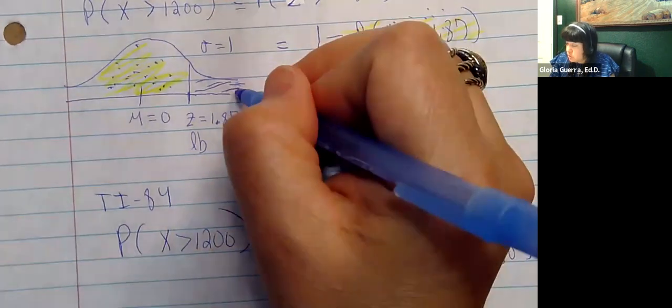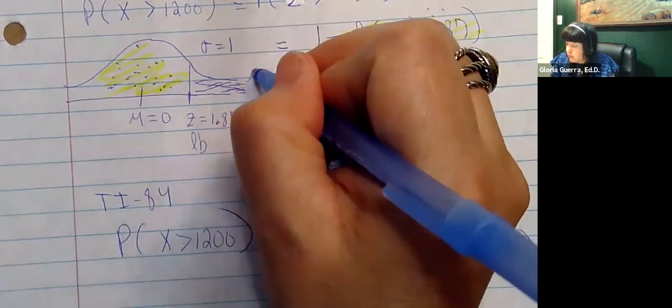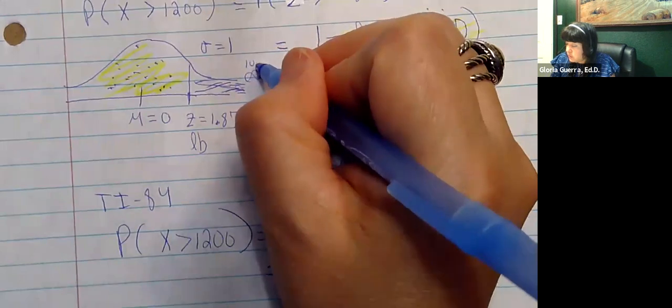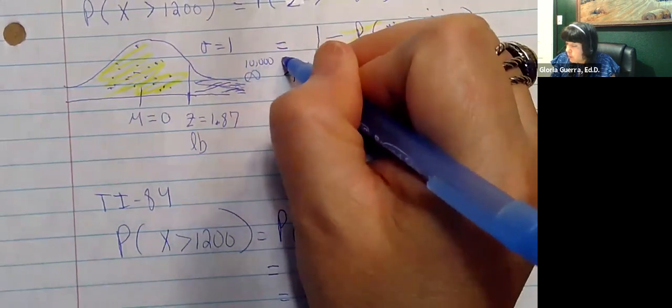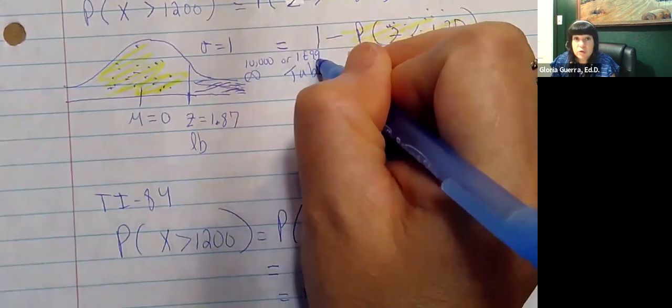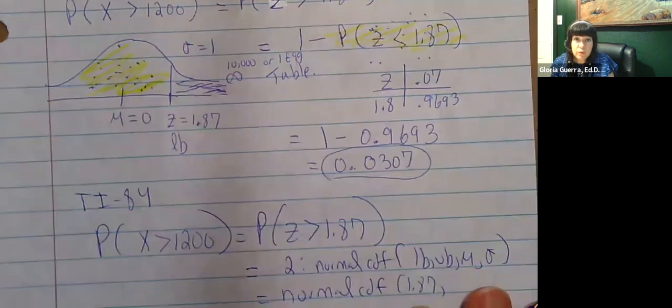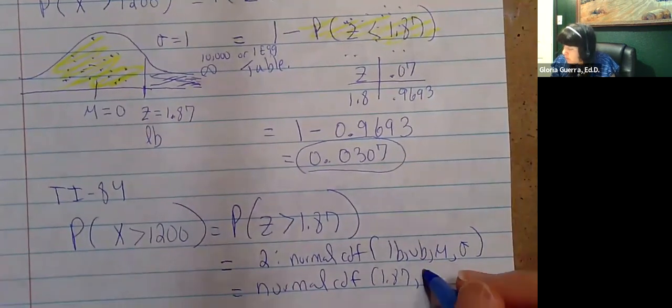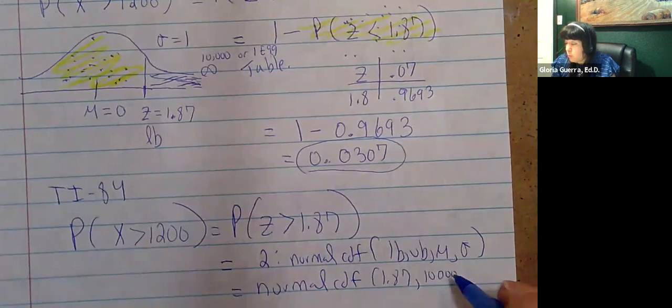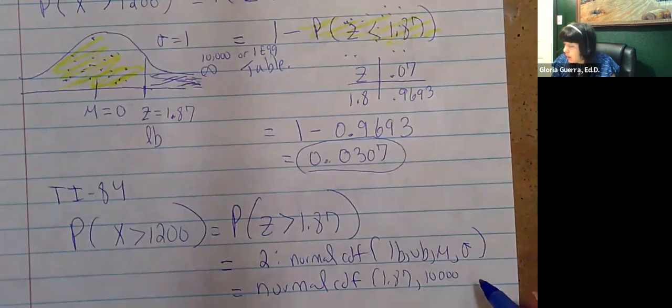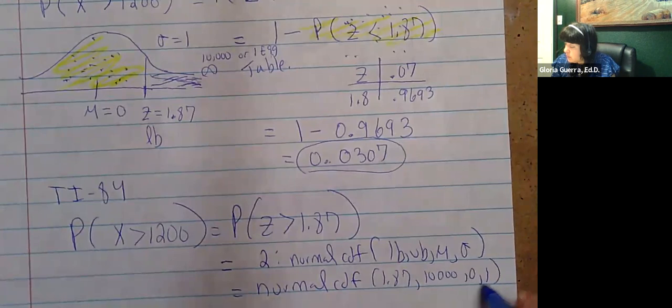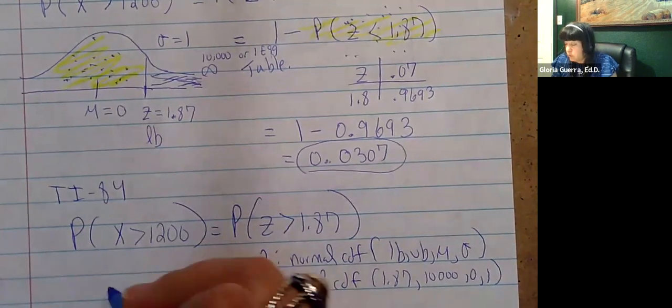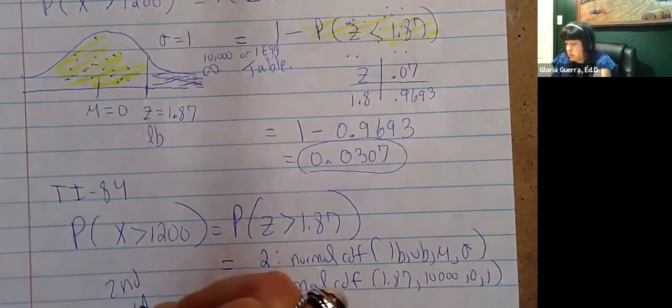And this is shaded forever in this direction. This is your infinity, which is 10,000 or 1E99. You can choose whichever you want, 10,000 or 1E99. And then mu is 0 and sigma is 1.